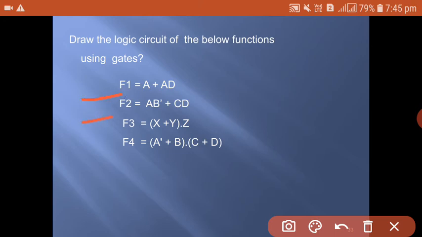Before that, you need to have this AND gate with A and an inversion of B. So the output of the first AND gate will be A B bar.